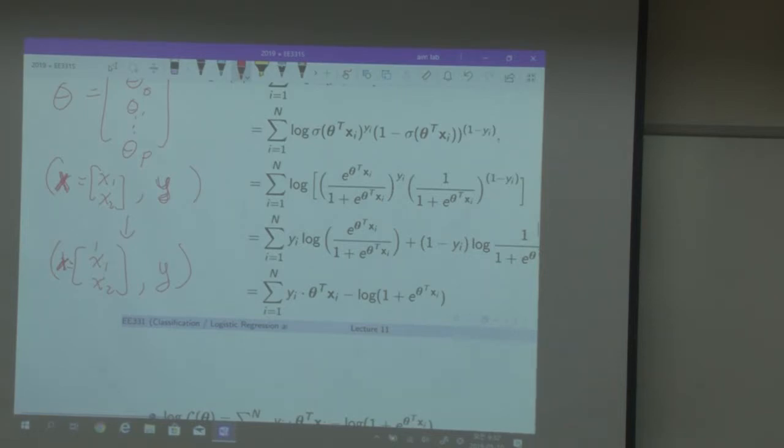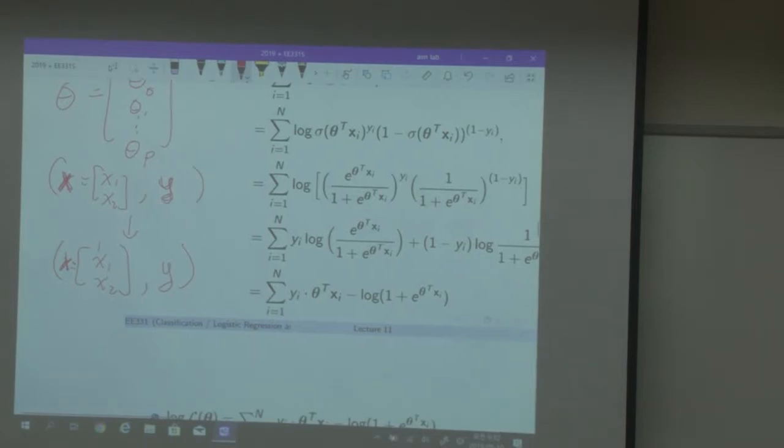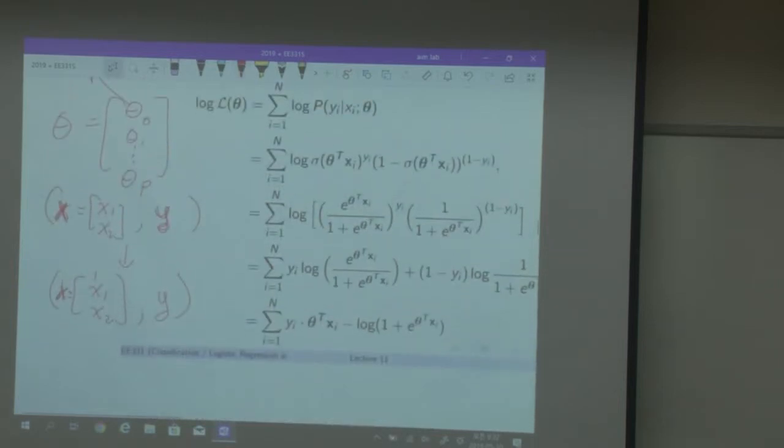Two classes. If I write it in this form, the linear classifier would be psi of what? That's theta transpose X. That would be my linear classifier. I can write it simply like that, putting in the bias. Okay?